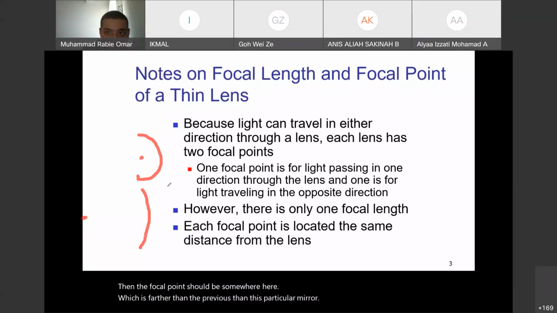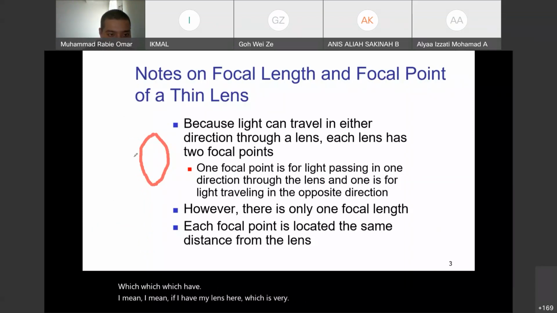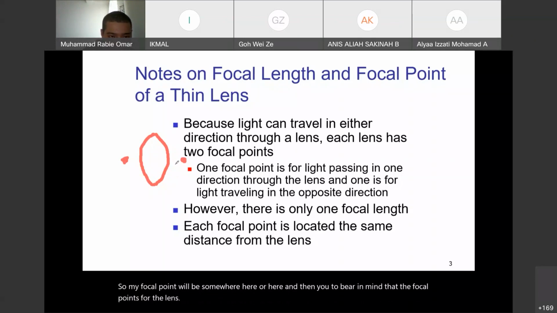Same goes for the lenses. If I have my lens here which is very convex, I mean the radius of curvature is short, then my focal point will be somewhere here or here. And I need you to bear in mind that the focal points for the lens are like this.